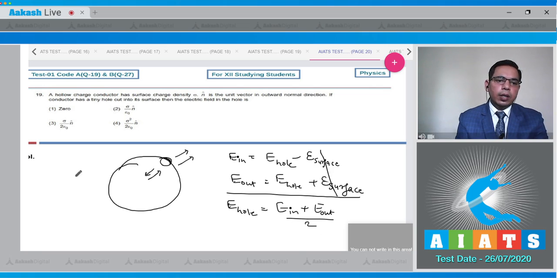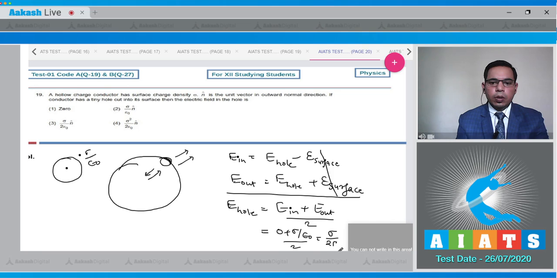Now we know that inside a conductor, the net electric field is 0, and outside it is sigma upon epsilon naught. Then what will be E hole? That will be 0 plus sigma upon epsilon naught, by 2. That means sigma upon 2 epsilon naught. Now which option will be the correct option? Option number 3 will be the correct answer.